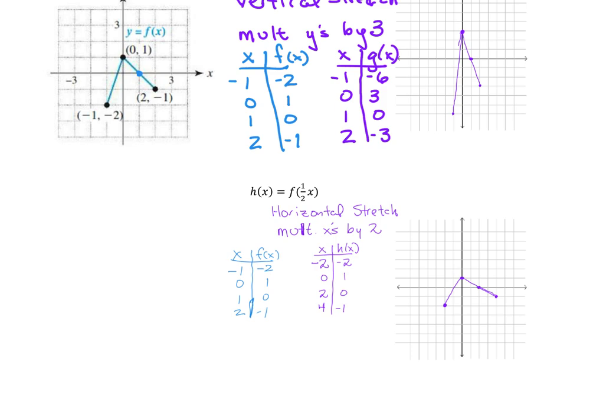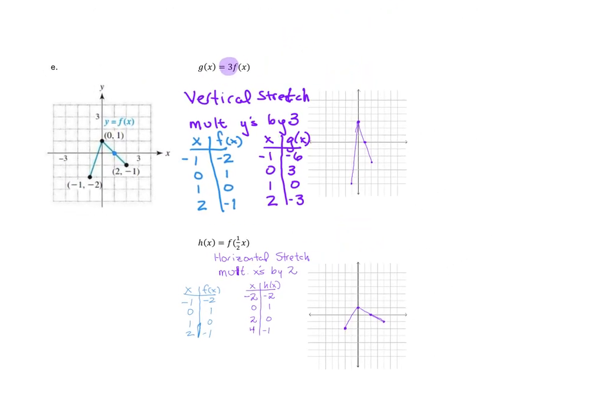And so here, notice that my y-intercept stays in the same place, and everything else is being stretched further away from my y-axis. All right, that takes care of these ones.